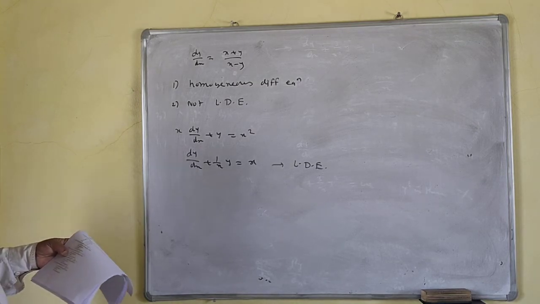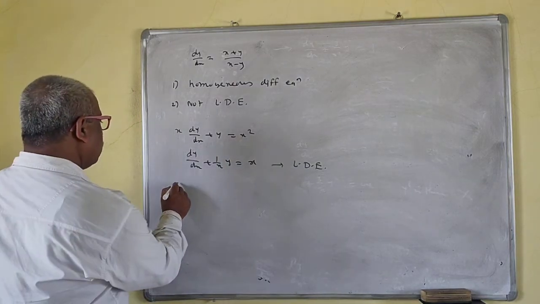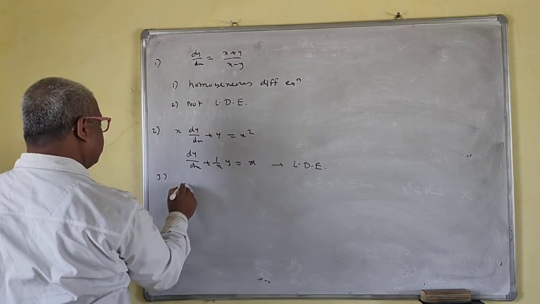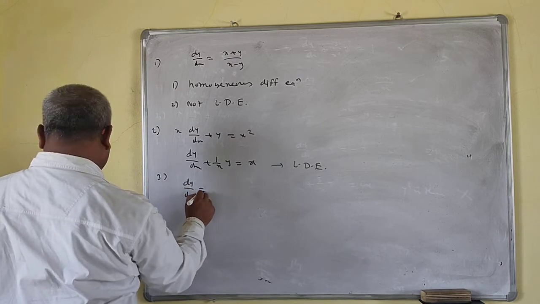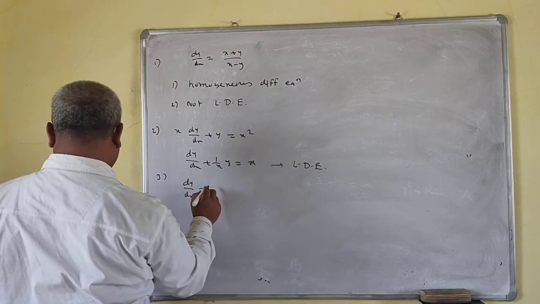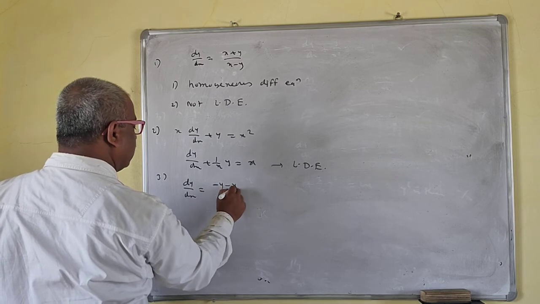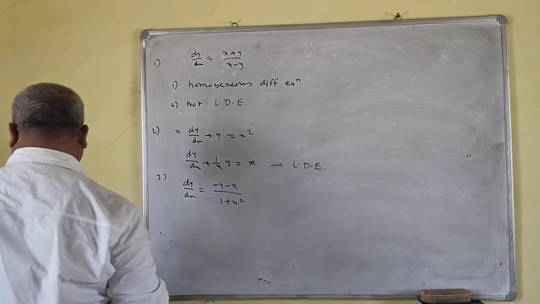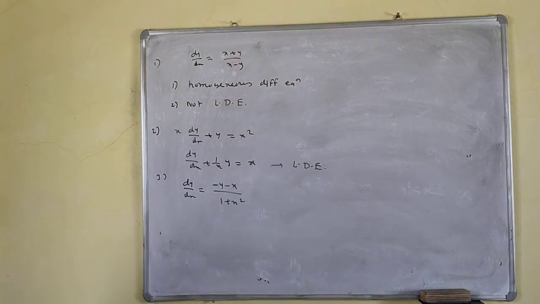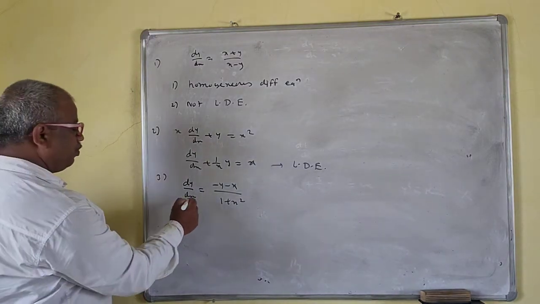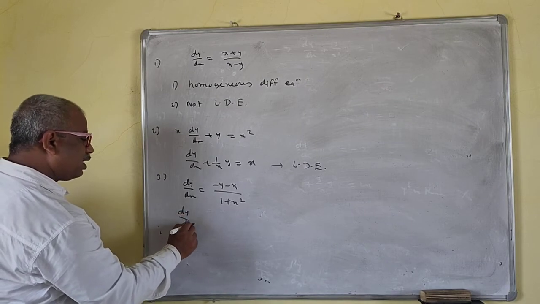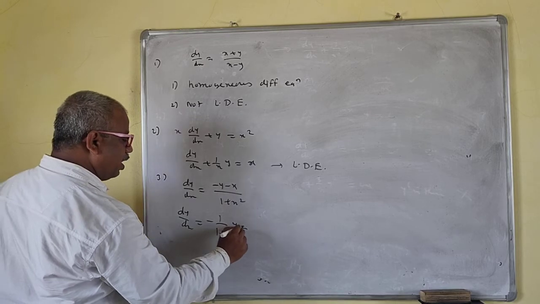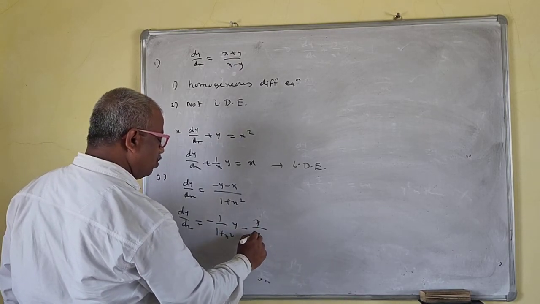Now next, this is the second problem. This is the first problem. This is the third problem. dy by dx is equal to minus y minus x upon 1 plus x square. How can we write this? dy by dx is equal to minus 1 upon 1 plus x square y minus x upon 1 plus x square.